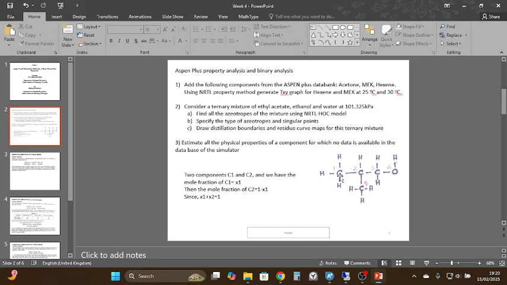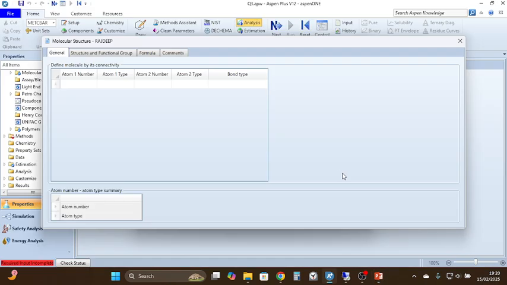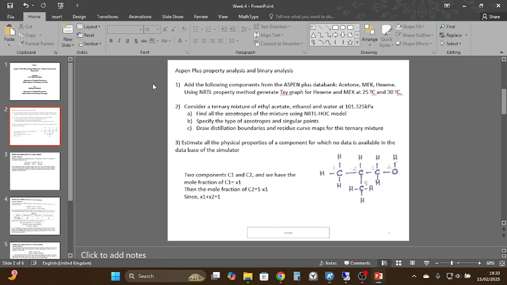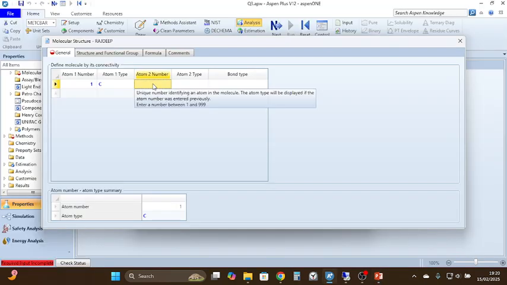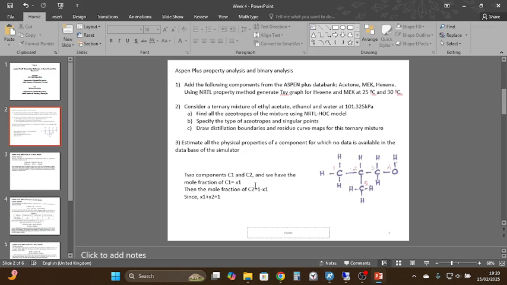So what is over here? It is asking for the atom number. The atom number is 1. What is the atom type? The atom type is carbon. Then we have to specify a unique number identifying an atom in the molecule, and what it is connected to.